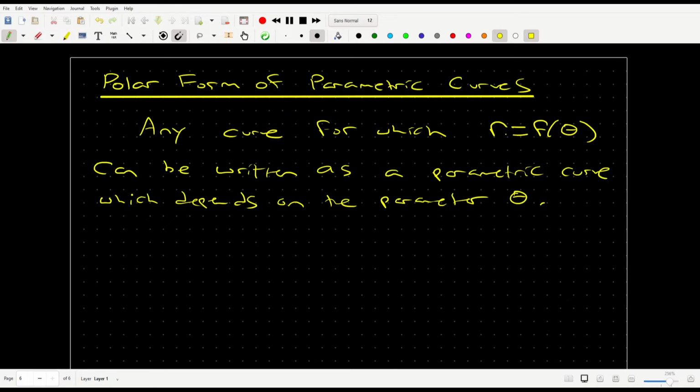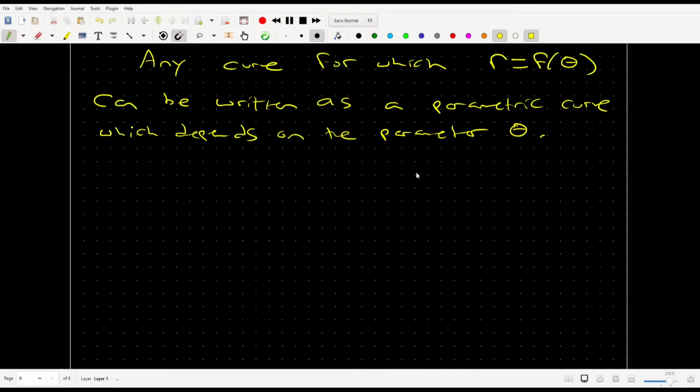So the main thing here is that we have the radius for a parametric curve is a function of theta, and the points on the parametric curve, x, y, we know in polar coordinates are going to be r cosine theta, r sine theta.